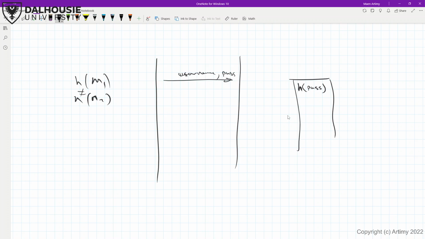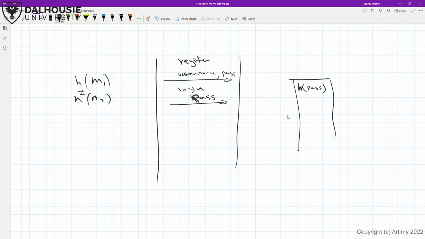Okay, next time the user is trying to log in, so this is the registration. And this is the login. So the next time the user tries to log in, they will put username and password, right? So now the server does not have the original password.